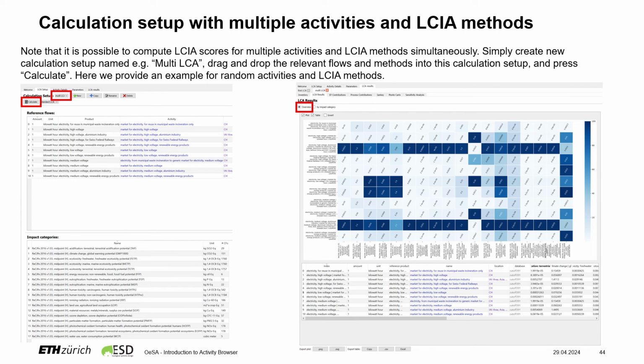You can either choose here by impact category, so for each impact category you can see how your impact scores look, or you can have a complete overview of everything at the same time, as it is here. And of course, these tables and plots that you generate in Activity Browser, you can also export here below. Okay. Yeah, try doing that.